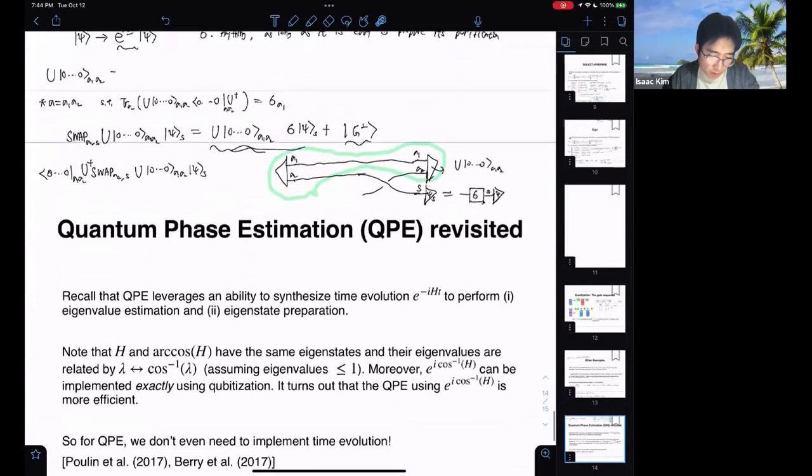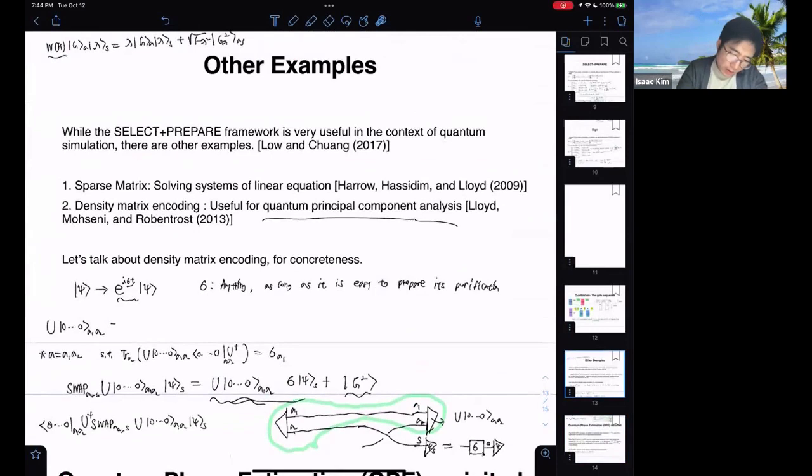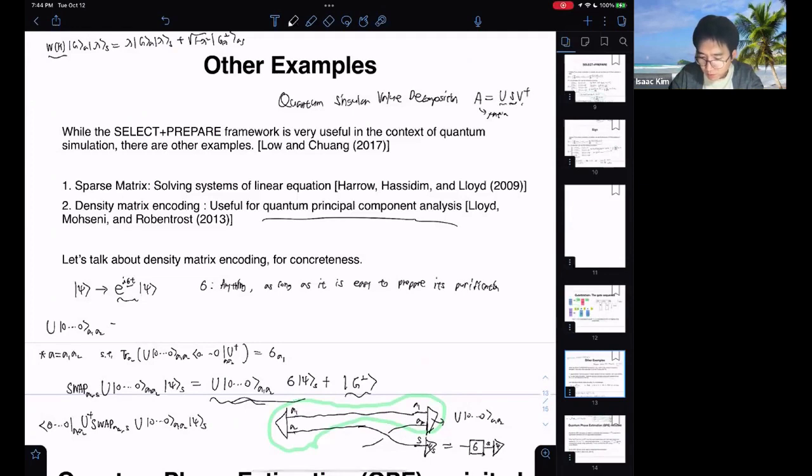There is a framework. Next time I will briefly discuss what is known as quantum singular value decomposition. Singular value decomposition is, given a general matrix A, this is a diagonal matrix, and these are two unitary matrices.